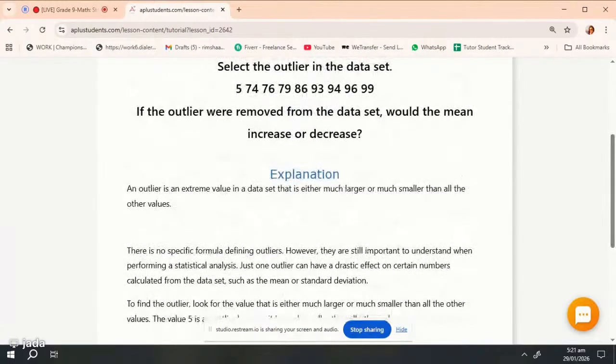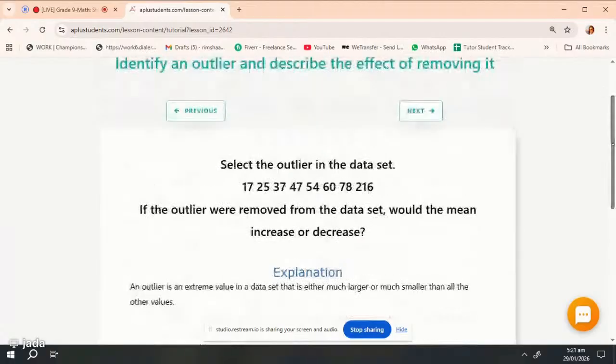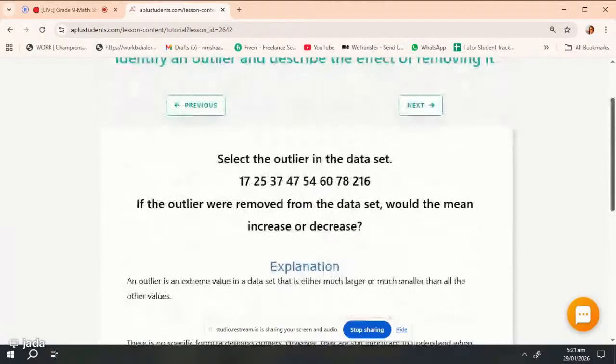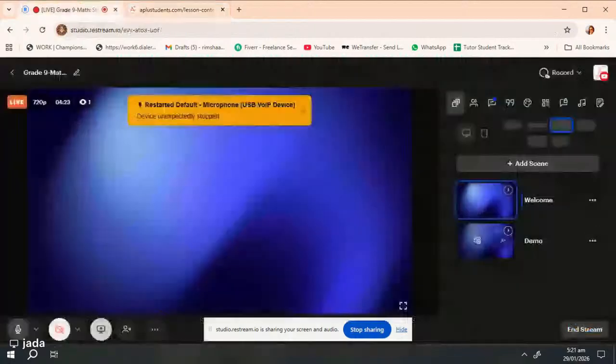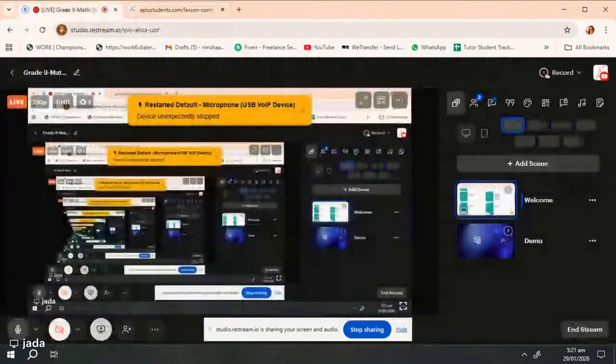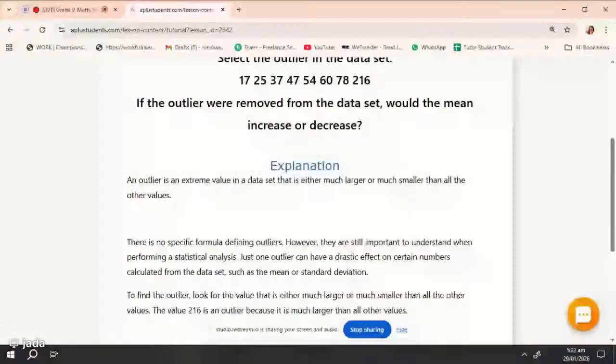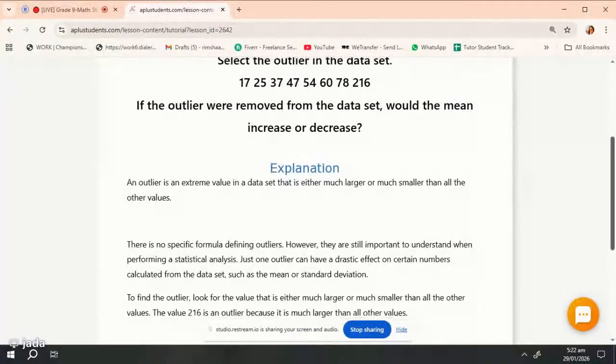All right, now when we check in the data set, all right, now you guys tell me the answer of this one. What is the data?